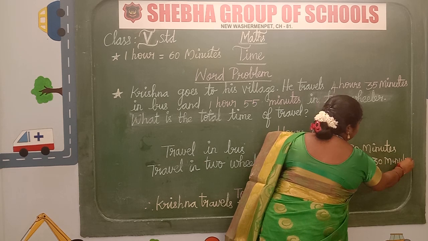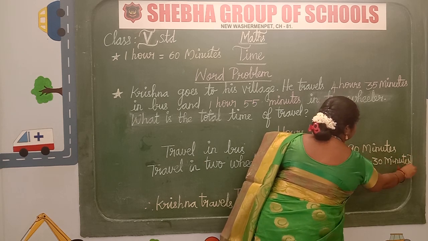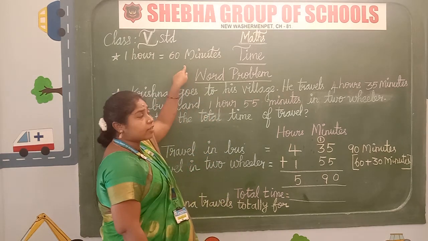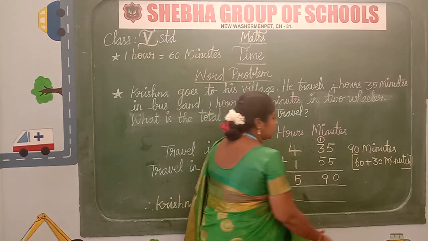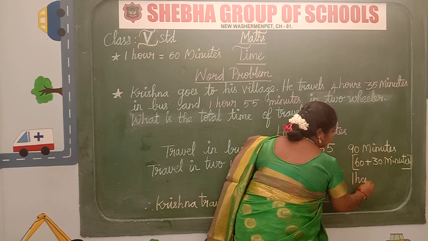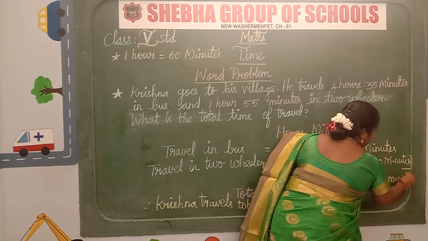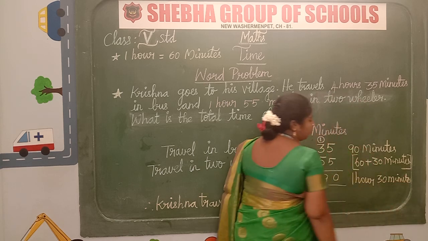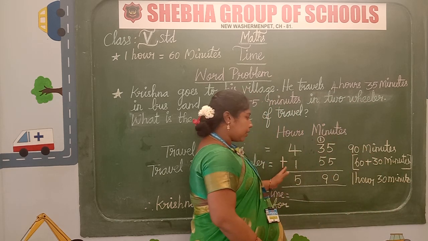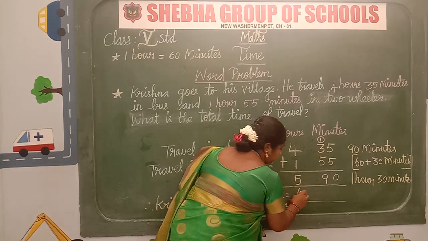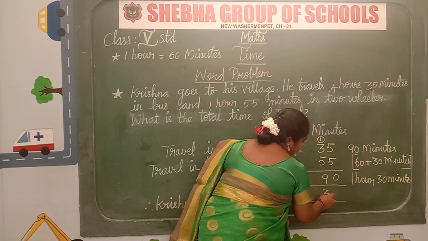So already I told you 1 hour is equals to 60 minutes. So 1 hour 30 minutes. Now what we have to do, children? We have to add this 1 hour to the hours. So 5 plus 1 becomes 6 and 30 minutes.